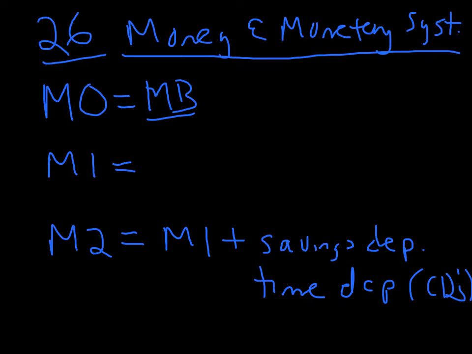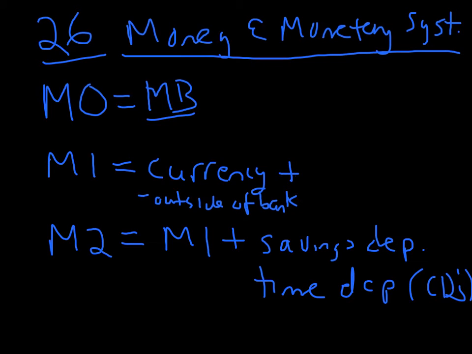M1 is currency, which means cash and coin, but it's only that money that's outside of the banks. So if I have $1,000 in my wallet or at home, cash and coins, that's considered part of M1. If that money is deposited in the bank, that is not part of M1. And it also includes checking accounts.